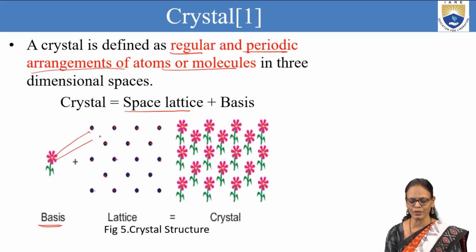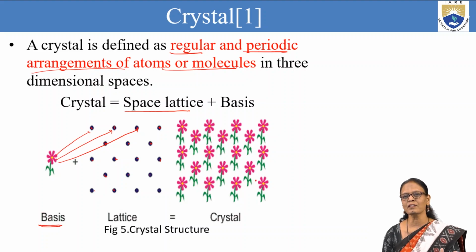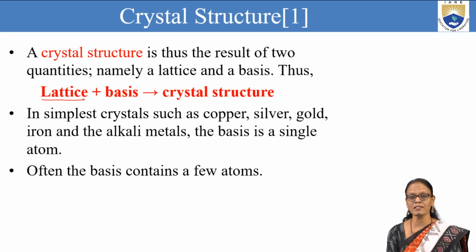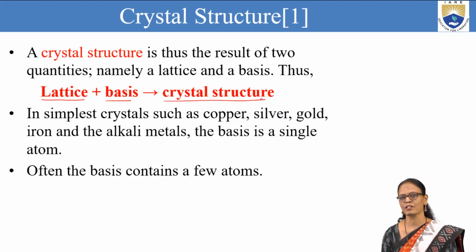This will go to each point. So, when this same basis is placed at each point in the lattice, you get the crystal structure. What we get in the crystal structure is a group of flowers arranged in a regular fashion. So, what we have seen here is that lattice plus basis gives us the crystal structure.